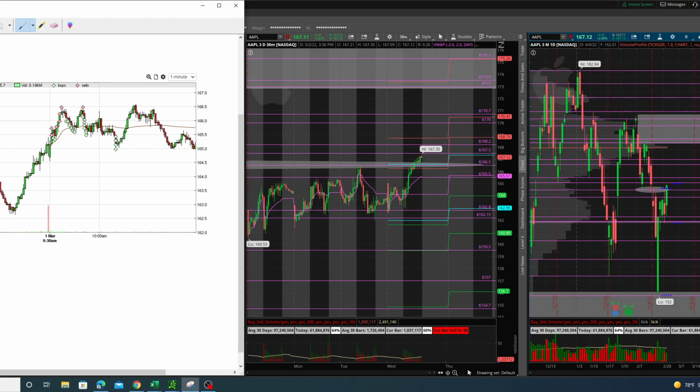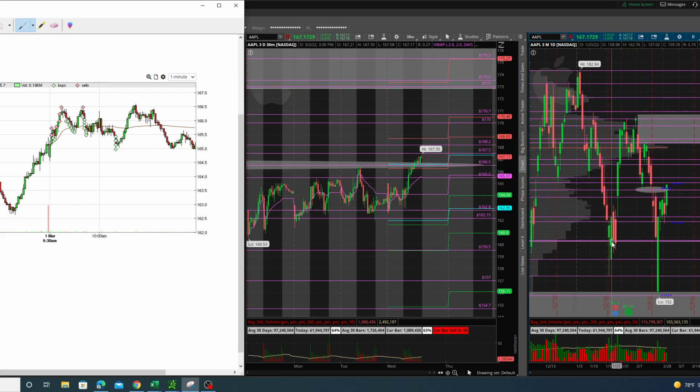So going back over here to Apple, this red candle right here is yesterday, Tuesday, March 1st. This green candle is from Monday. The reason I focused on the area that I did was this 166, 166.50 level.